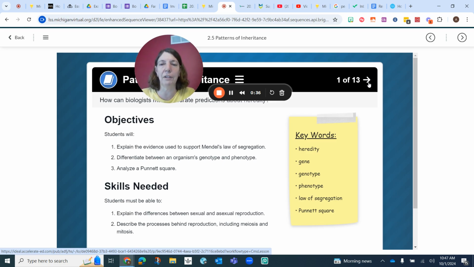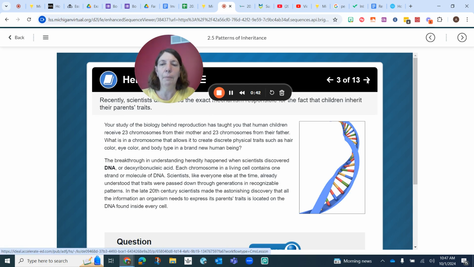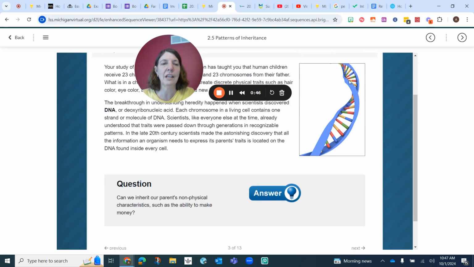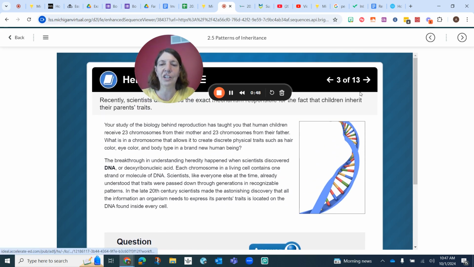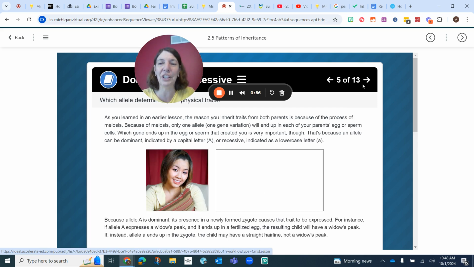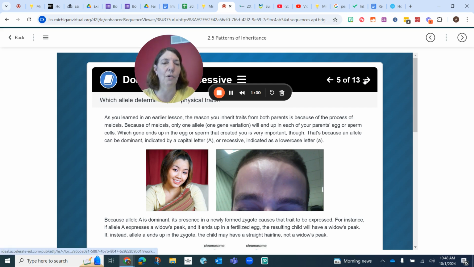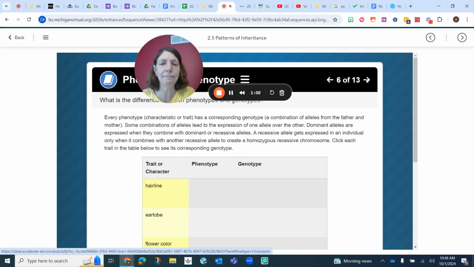All of this background information is going to help you in terms of understanding hereditary patterns, how DNA creates genes, and then it looks at the idea of these genetic components that describe phenotypically what things look like, for example, the color of your eye or different things like that.